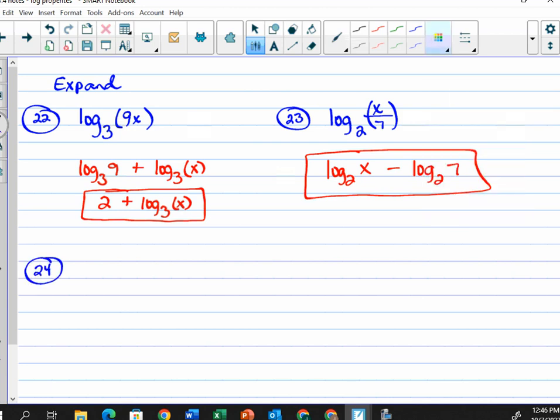Let's do one more in this section. How about natural log of 4x cubed? Expand that for me.